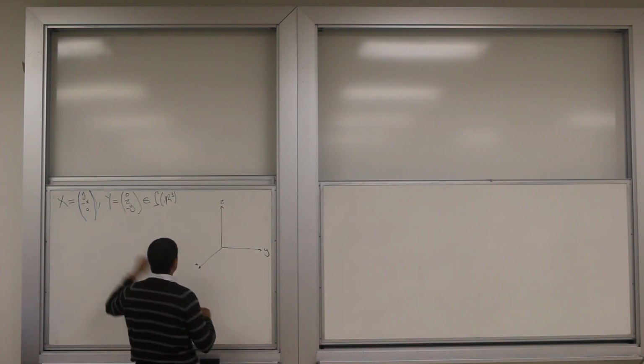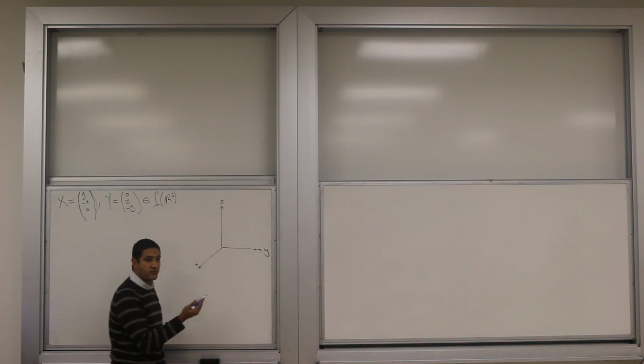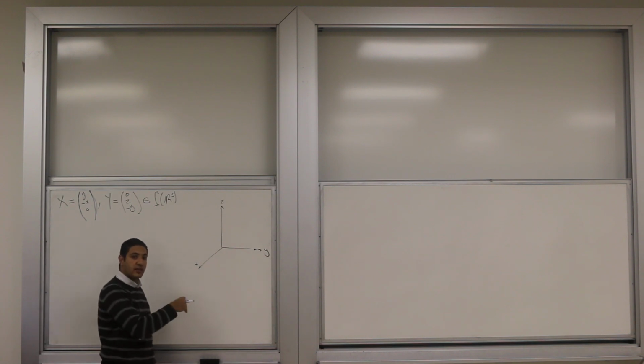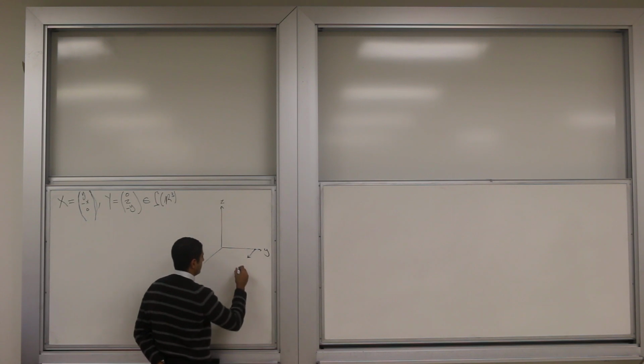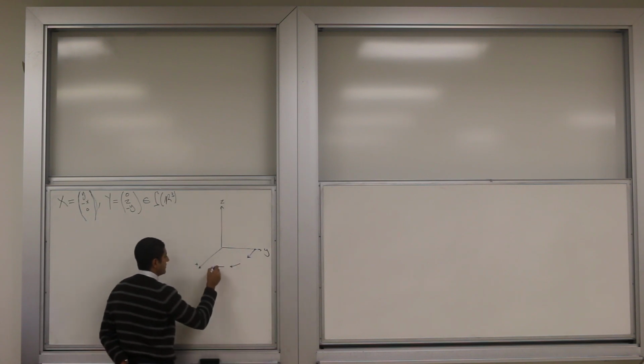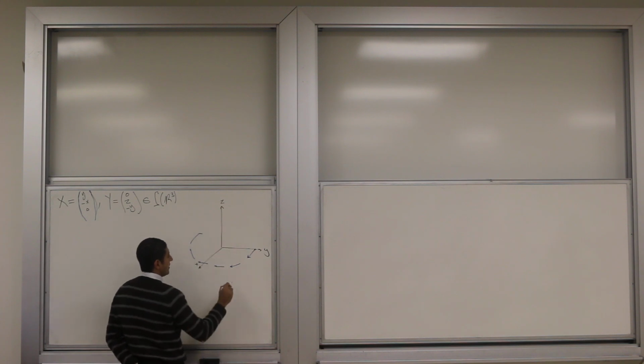So for example, this blue vector is simply at this point. What do we mean by a vector field? At each point, it gives you what? A tangent velocity vector, right? So here at this point it gives you this vector, at this point it gives you that vector, this vector, and so on, okay? And it's everywhere.